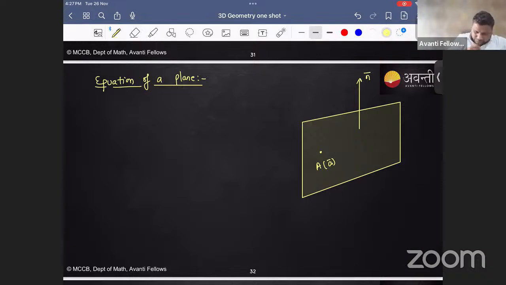So now to get the plane, let us assume there is some point R in it. Now, what will happen? Since this n is a normal vector, can I say this AR vector is perpendicular to vector n?